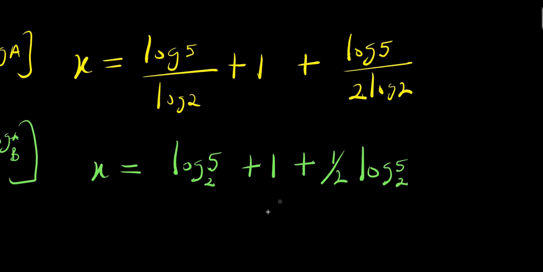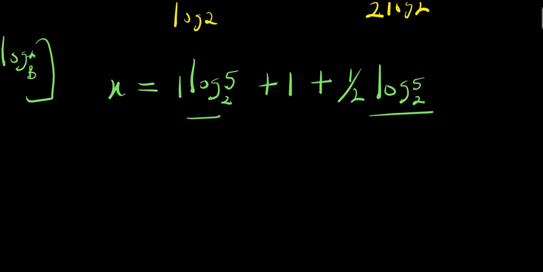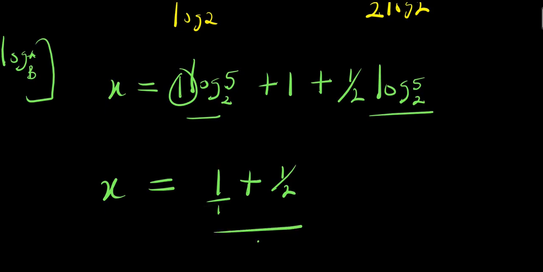So we can add this to this. The coefficient here is 1. So 1 plus 1 over 2, the LCM is 2. 2 times 1 is 2, plus 1, is 3 over 2.